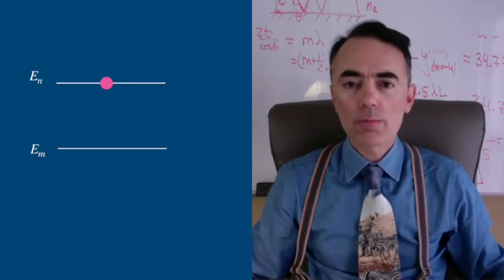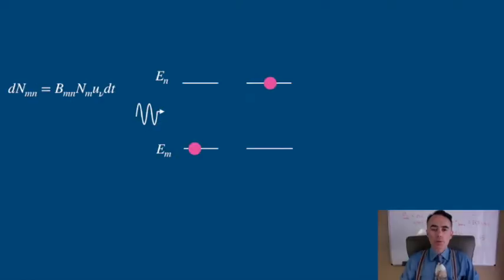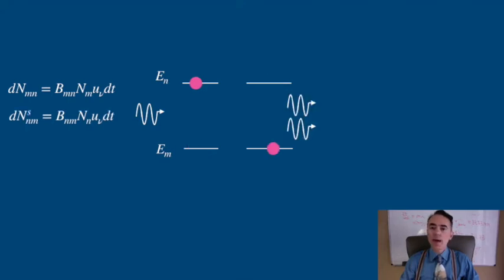From results from the previous lesson, the number of atoms in the lower energy state m that absorb a photon is dn sub nm. The number of atoms in the higher energy state that are stimulated to emit is dn sub mn stimulated.